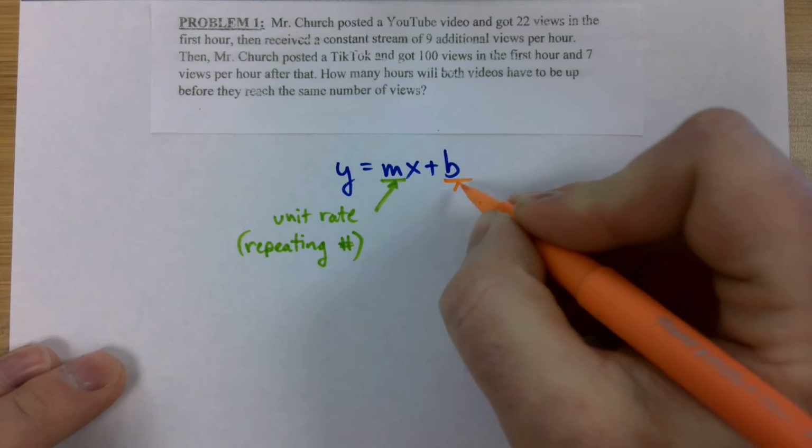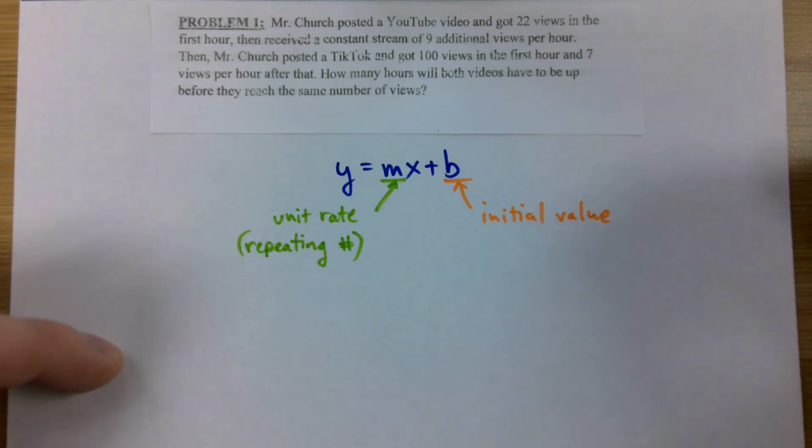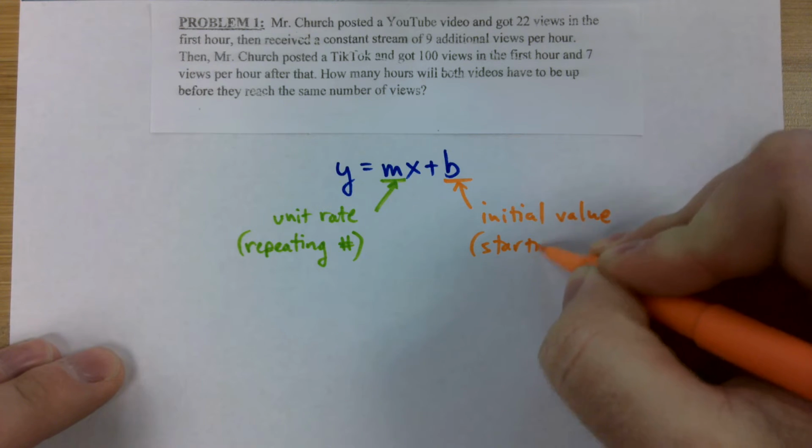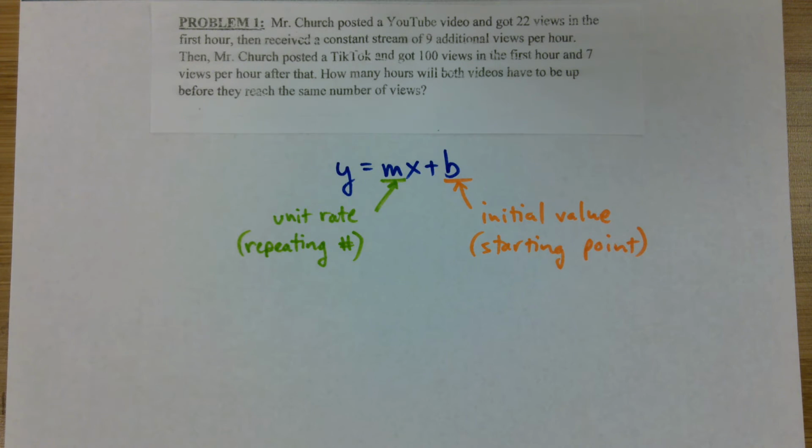And b is going to represent our initial value, or our starting point. So, within this problem, we're going to find 2 unit rates and 2 initial values. All right?